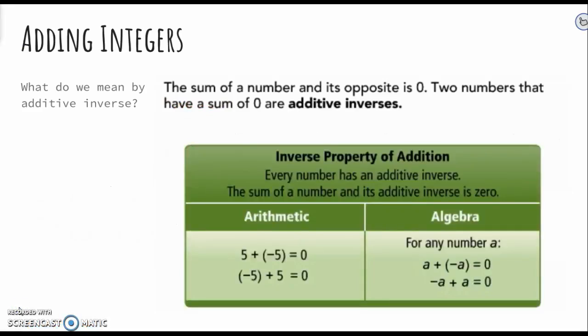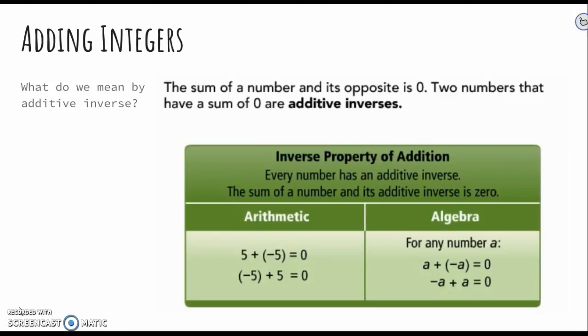When adding integers, we can also add a number and its opposite. When we add a number to its opposite, that gives us 0, which is the additive inverse. So what do we mean by additive inverse? The sum of a number and its opposite is 0. Two numbers that have a sum of 0 are additive inverses.